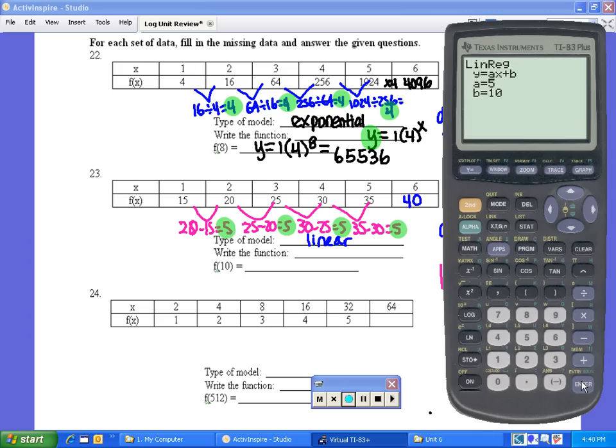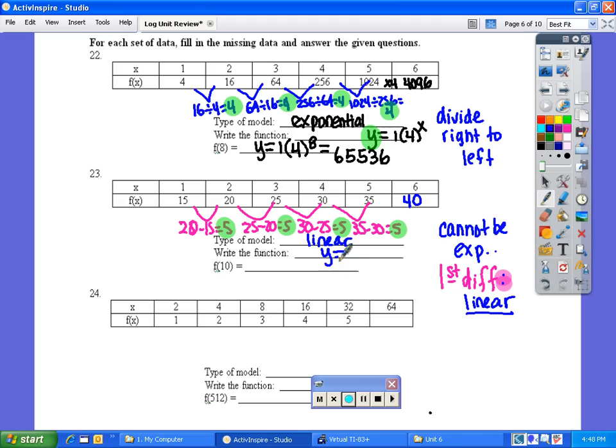Press enter, and you see that it has a 5 and a 10. So that equation is 5x plus 10, because the equation is ax plus b. Now we're just going to replace x with 10, and our answer to that one is 60.